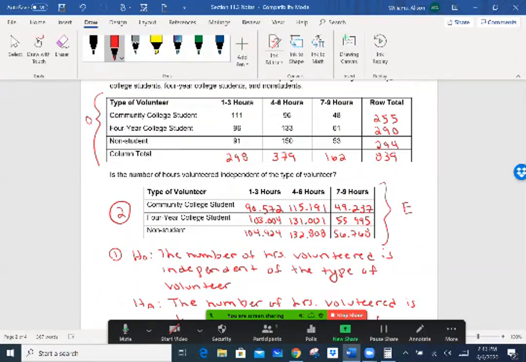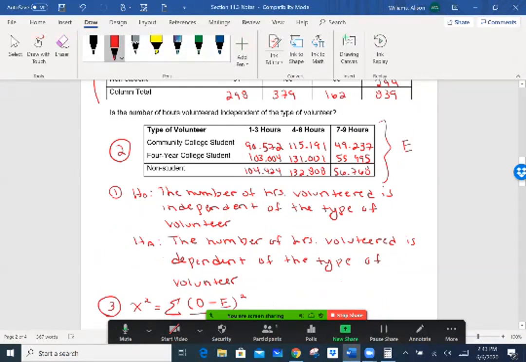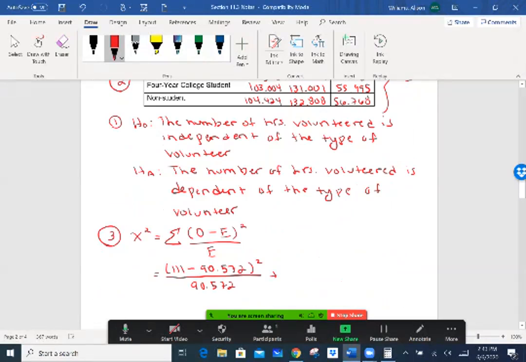So that'd be 96 minus 115.191, the expected, and I missed saying squaring it first. So 96 minus 115.191 squared divided by 115.191, and then I'd repeat this for all 9 entries.